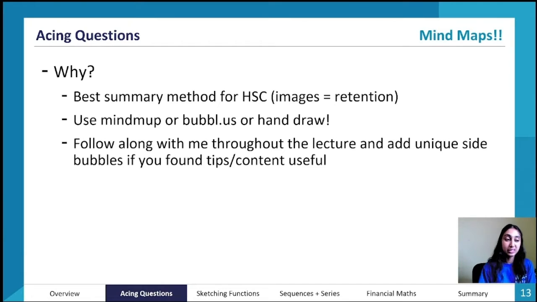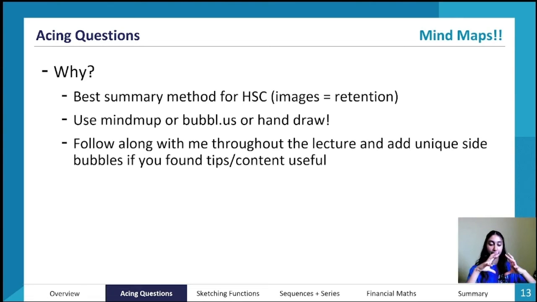Another study technique would be mind maps. I personally started using mind maps a little bit later in my HSC journey, maybe about where you guys are at the moment. It's really good to summarize what you're learning, especially for HSC Maths Advanced.